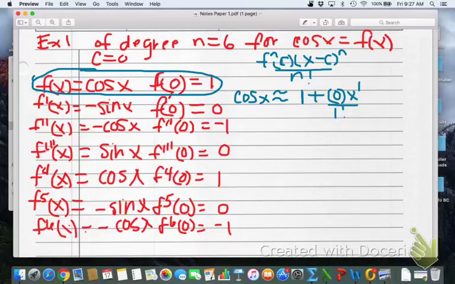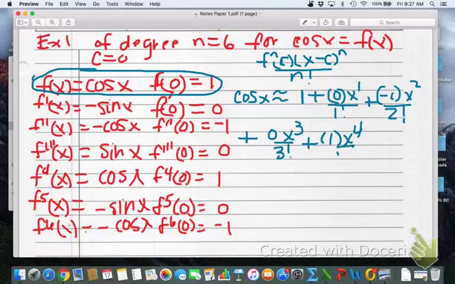And I'm going to have to kind of wrap this around here. But then the next term is going to be negative 1, so it's the second derivative times x squared over 2 factorial, and then plus our third derivative times x cubed over 3 factorial, plus our fourth derivative, which is 1, times x to the fourth over 4 factorial, plus our fifth derivative, which is 0, times x to the fifth over 5 factorial, and we'll sneak in plus, last one, negative 1, x to the sixth over 6 factorial.